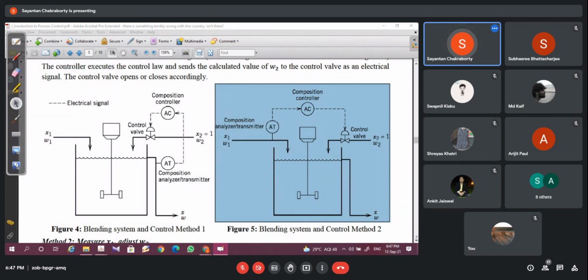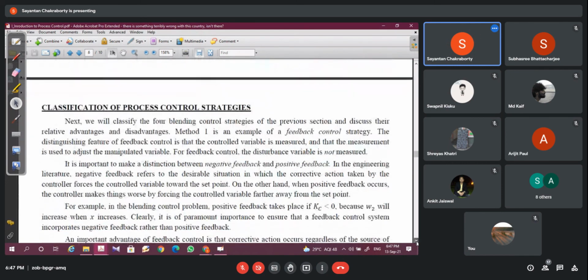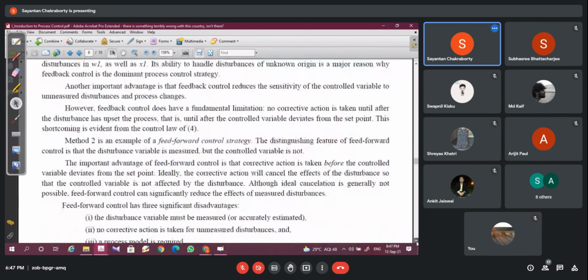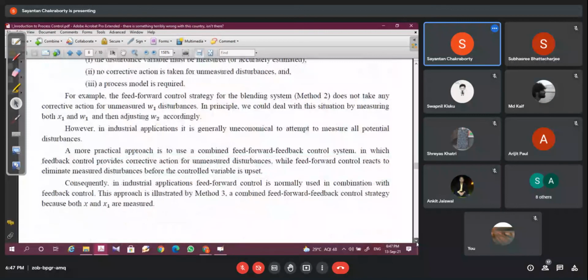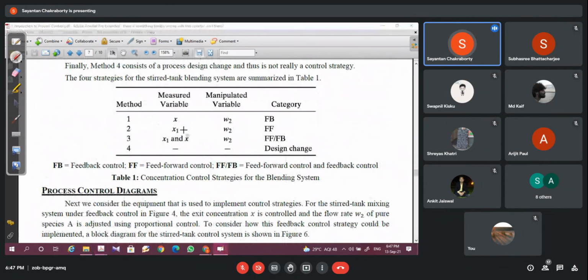So if we summarize the control schemes, these are the 4 control schemes. Method 1, you measure the control variable and change the manipulated variable, that is feedback control. You measure the disturbance variable and change the manipulated variable, that is feed-forward control.